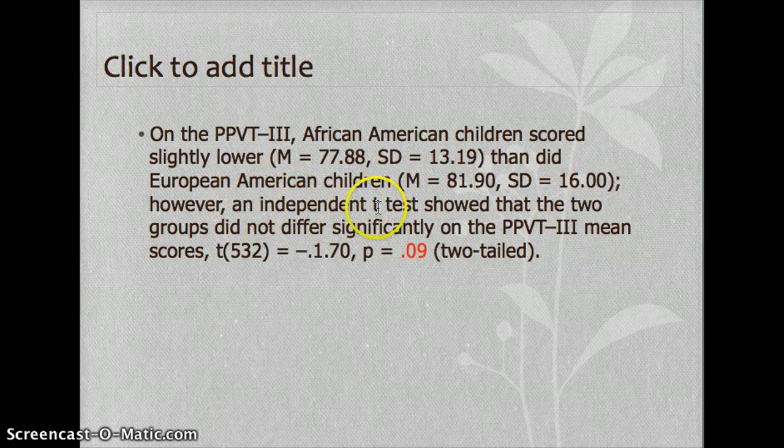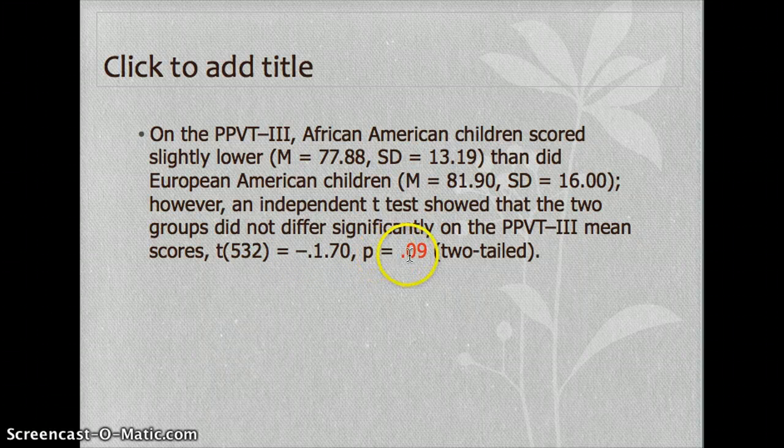However, an independent t-test, they did an independent t-test because these are 2 different groups, showed that the 2 groups did not differ significantly on the PPVT mean scores. And so when you look at these, this is how it's going to be written out in a results section. T, and then it has the degrees of freedom, so we can tell how many participants they had, equals, and this is the T number, and then this is giving us the p-value.